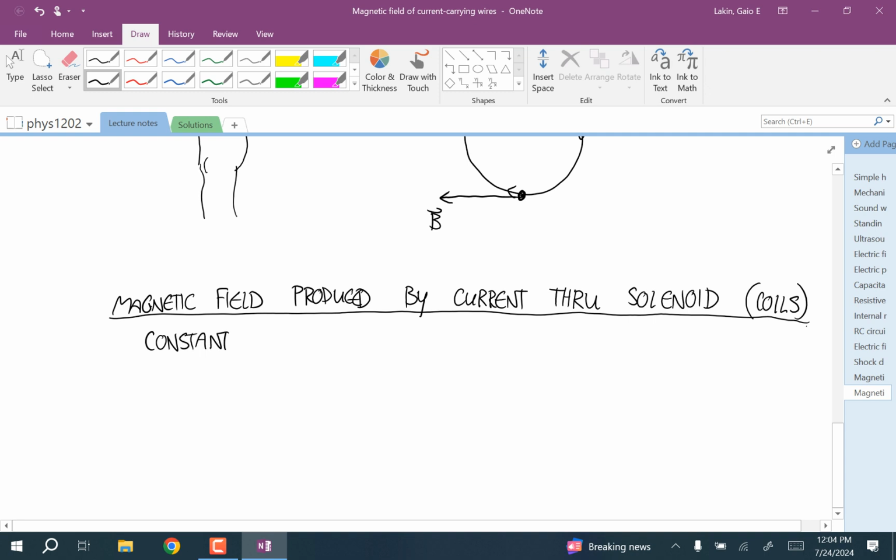And that's a really useful thing, to be able to produce a constant magnetic field. Okay, so let's say that your coil looks like this, but it goes around and around into or out of the page, then you have a constant magnetic field in here. The magnetic field is perpendicular to that coil, and it's constant at all of those dots.